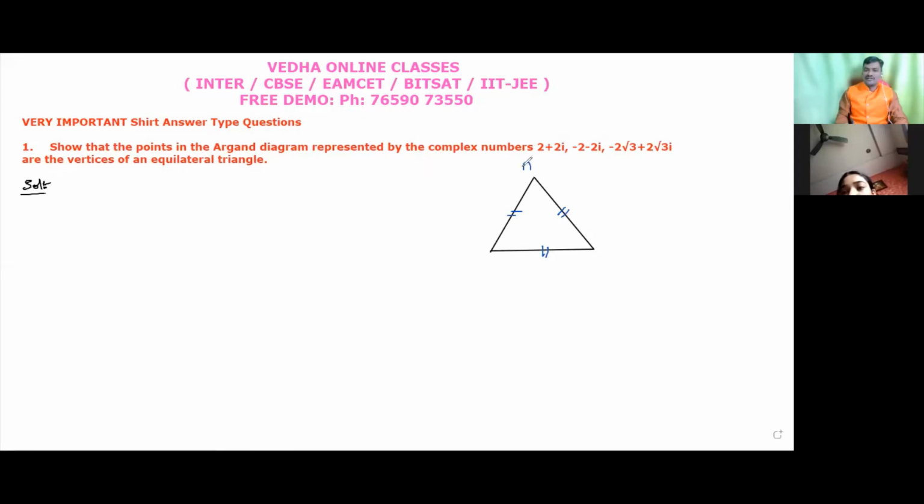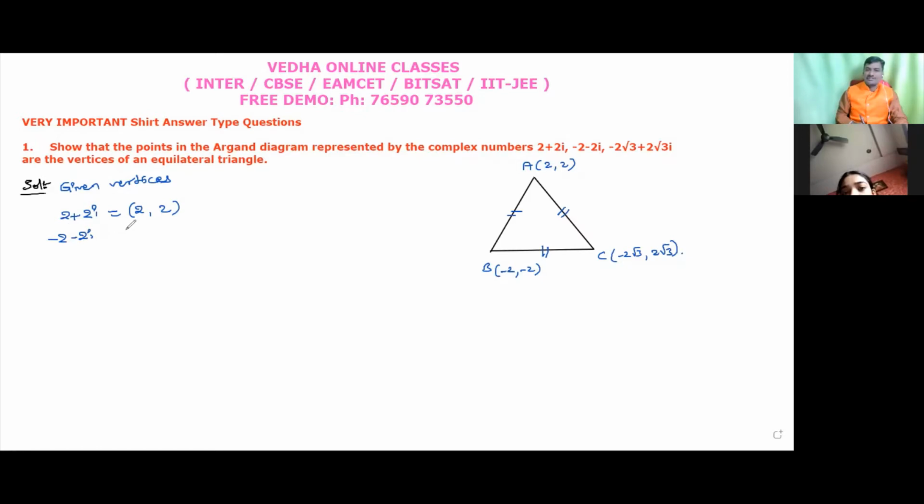If you take the vertices A, B, C, these are the vertices of the equilateral triangle. What are the given vertices? 2 plus 2i we can write as (2, 2) in the Argand diagram's graphical representation.